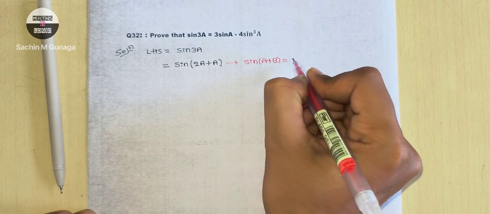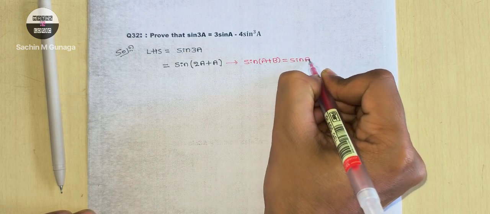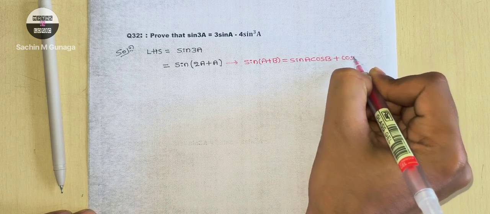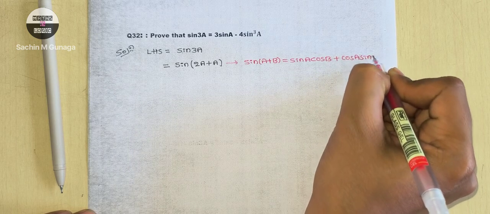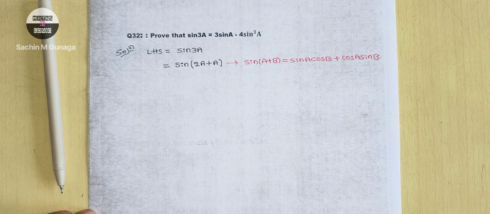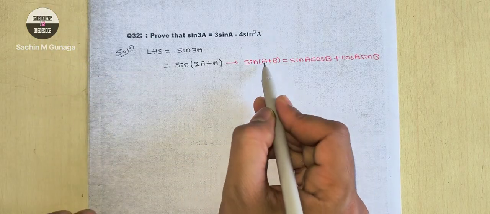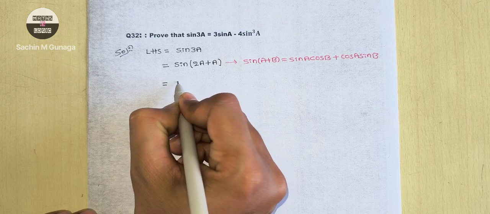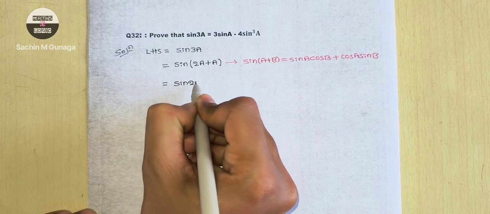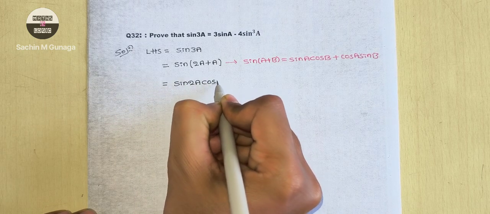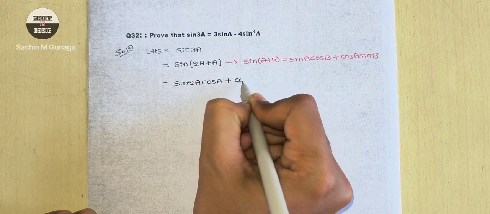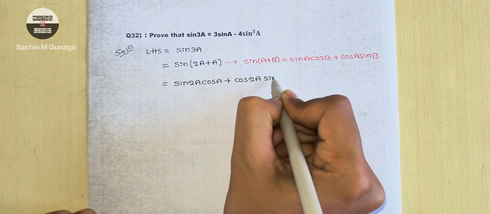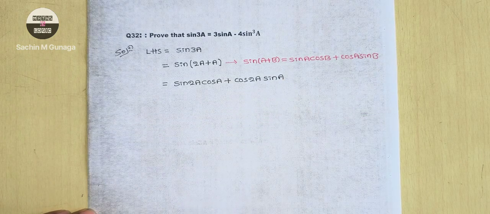So here we are going to apply the sine a plus b formula, sine a cos b plus cos a sine b. But a means 2a, b means a, therefore this goes to sine 2a into cos a plus cos 2a into sine a.